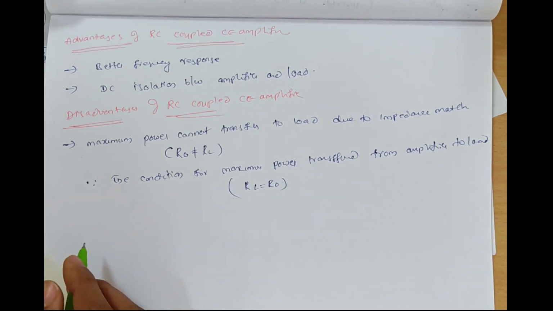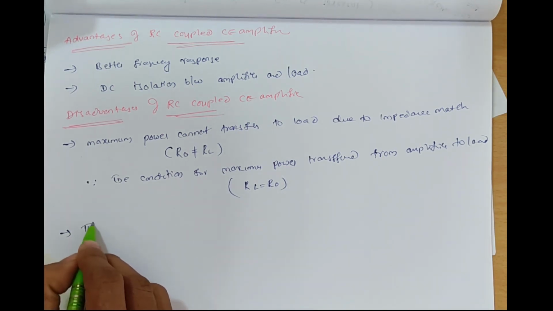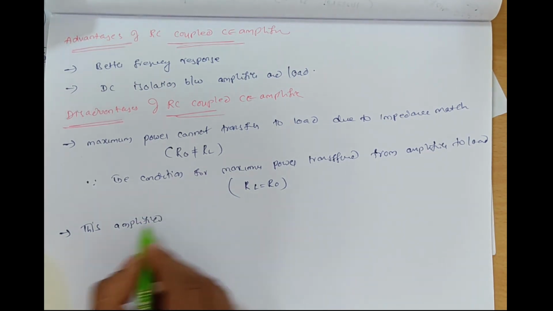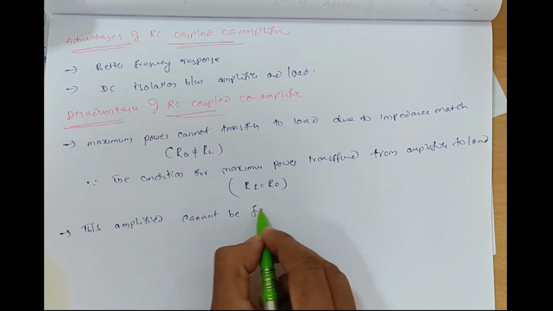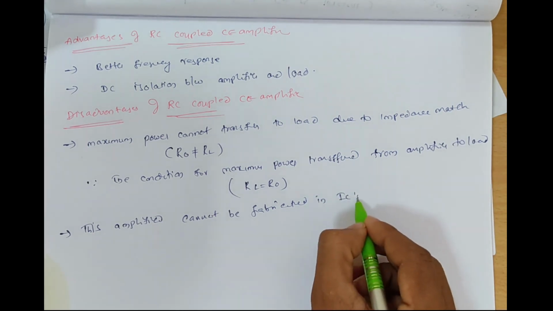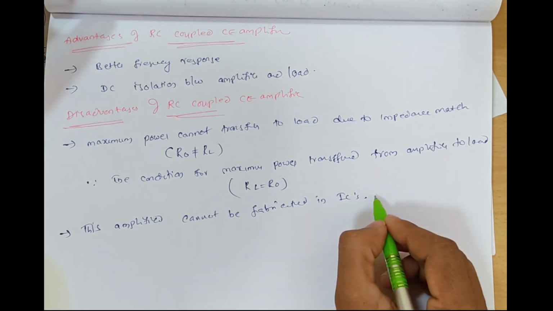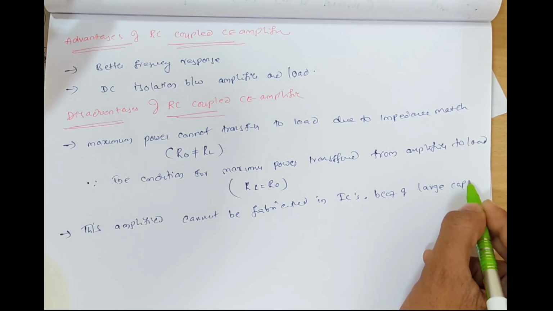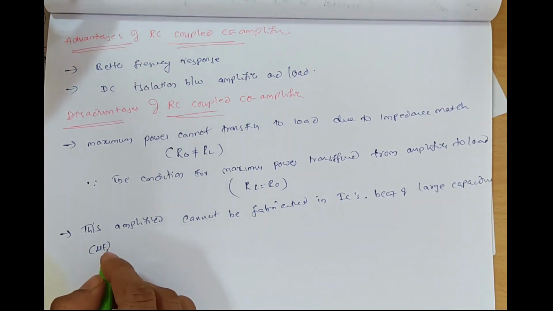Another disadvantage: this RC coupled amplifier cannot be fabricated in ICs because it has large capacitors, meaning capacitors in microfarads.